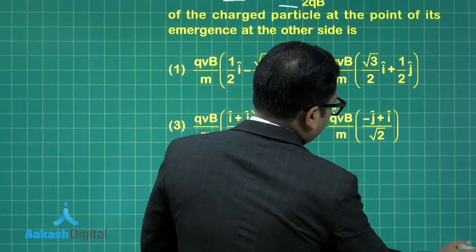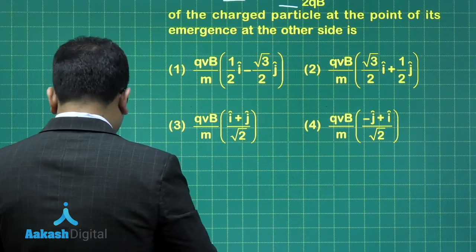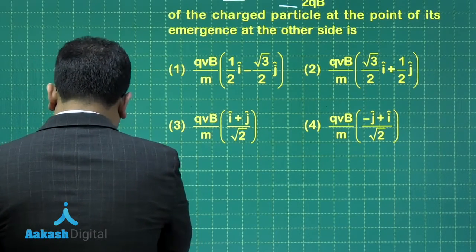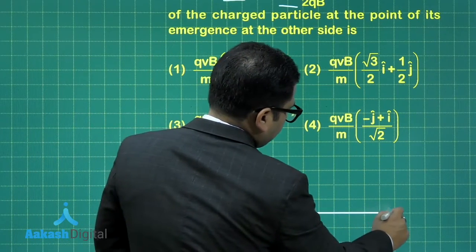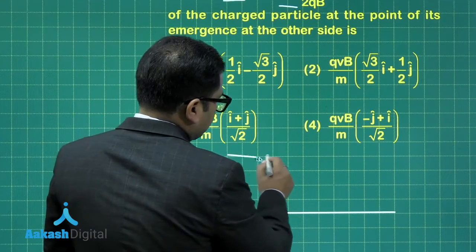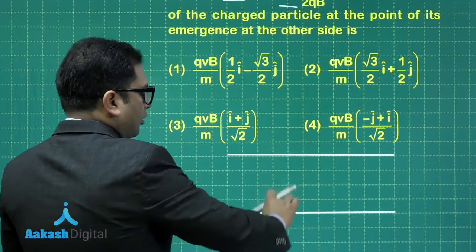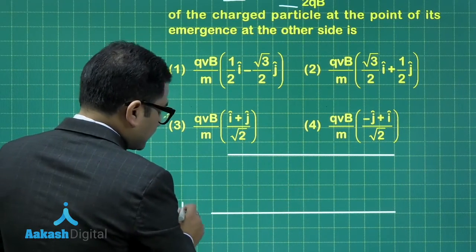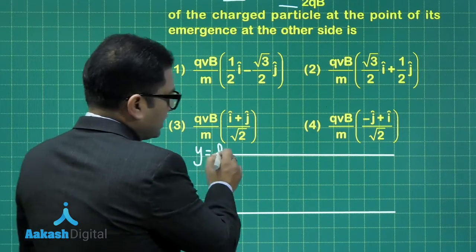So let me try to explain it with the help of a figure. So it's something like this. Say, here's the figure let me make. This is the x-axis, let me take, and here comes the y-axis, and we'll see that this is of width d, so that you can write this as y equals 0 and this as y equals d.